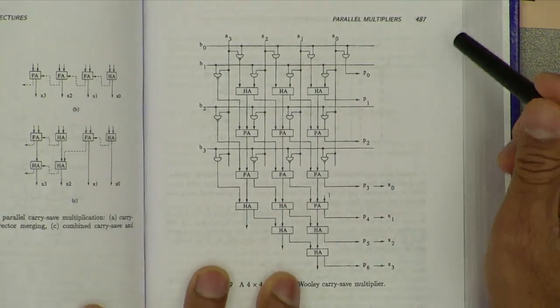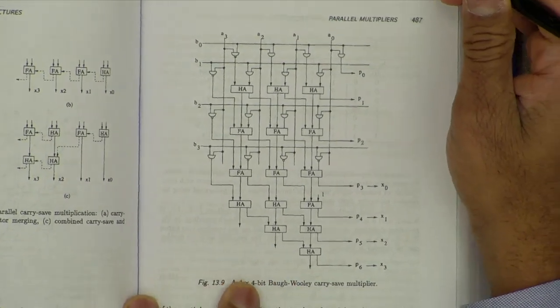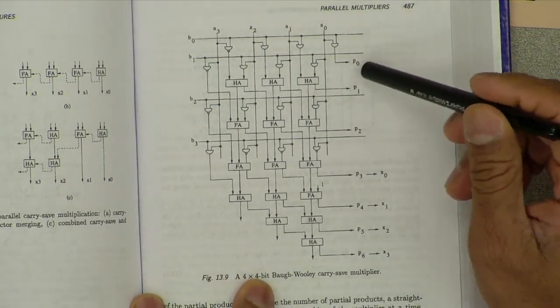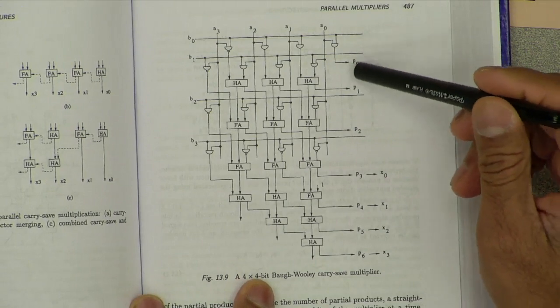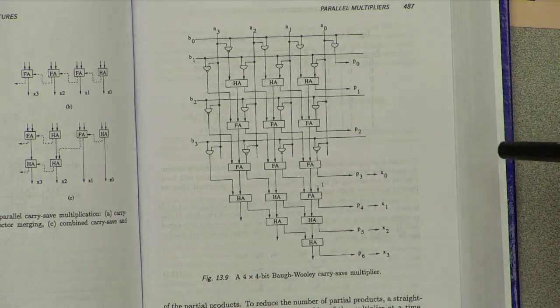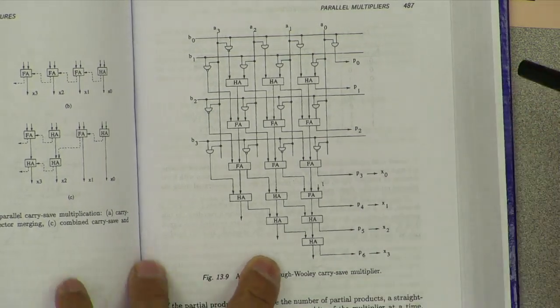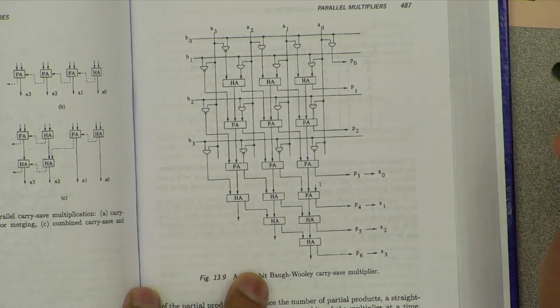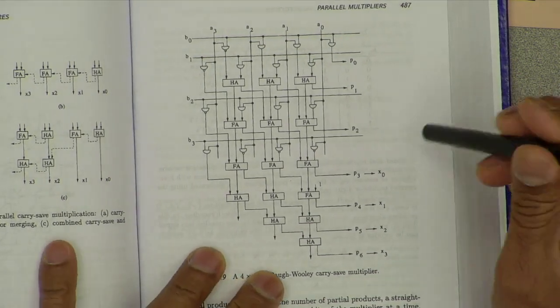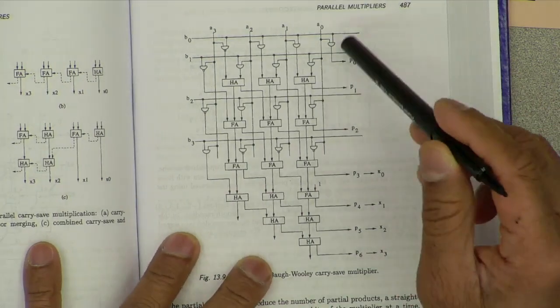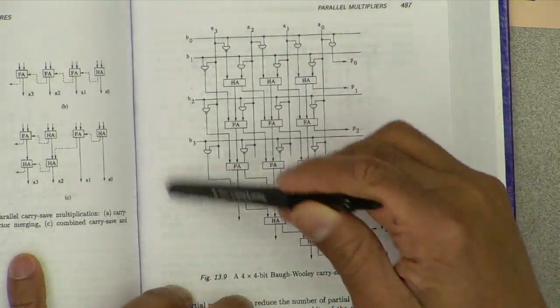So, this is a 4 by 4 bit multiplier, and that computes a 7 bit result, and you can see the products are marked P0 through P6. Now, when I say the total power consumption, that's roughly the total capacitance associated with all of these gates.